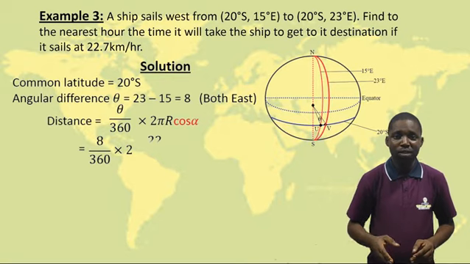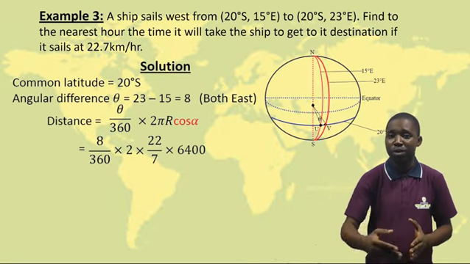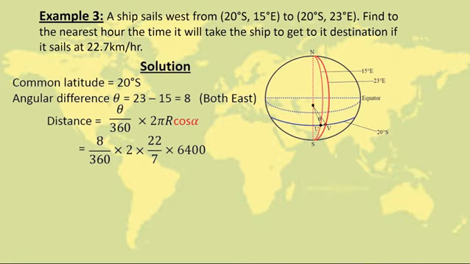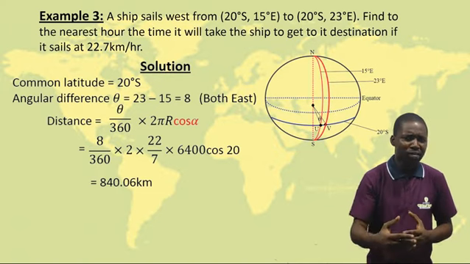Pi is 22 over 7. R, as we've been discussing, is 6,400. Then the cos 20. The 20 is the common latitude. If you multiply all this together and divide by 360 and divide by 7, you will get 840.06 kilometers.